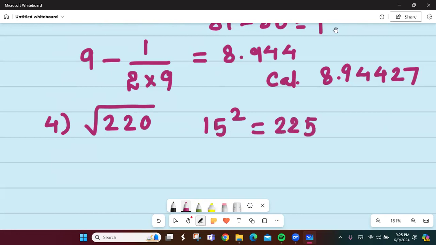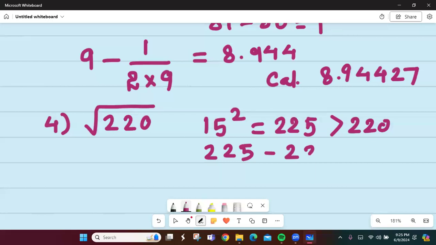And 225 is greater than 220. The difference between 225 and 220 is 5.